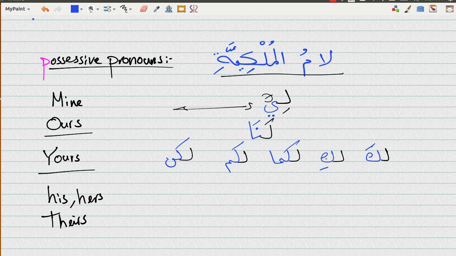Laki, for you, or also yours. Here I'm talking for a male singular, and here for a female singular. Lakuma, dual. Lakum, plural. Lakun, plural, but for just feminine. Laka, laki, lakuma, lakum, lakun, li, lana.